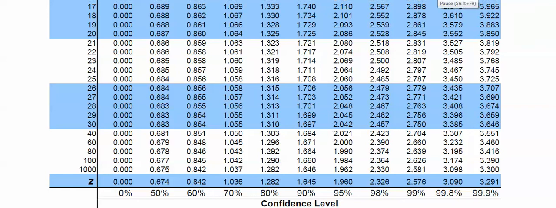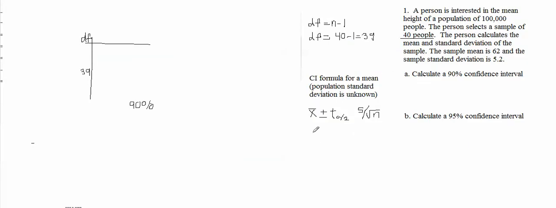Now let's actually use that value. So our sample mean is 62. The t-score that we got from the table is 1.635. I think that's correct. Let me double check.